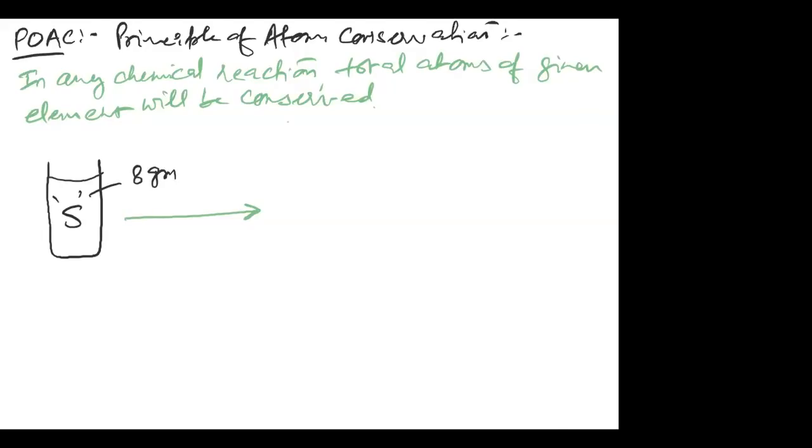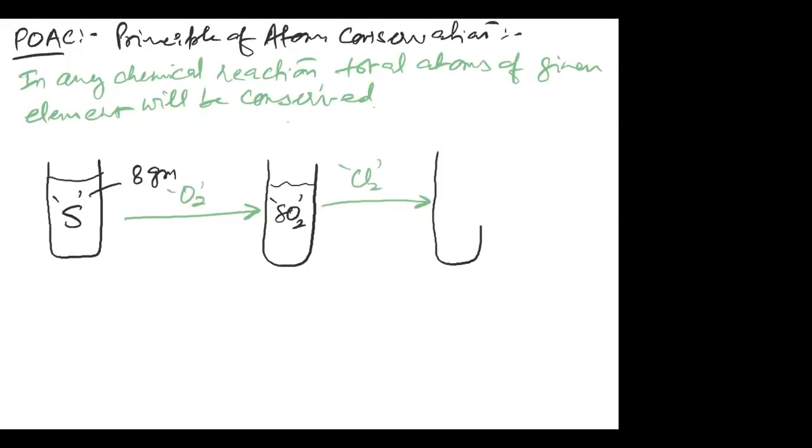The sulfur is treated with excess of oxygen such that all its sulfur on burning produces SO2 gas. Further, SO2 gas may be treated with chlorine water Cl2, and Cl2 can oxidize all this SO2 into SO3.